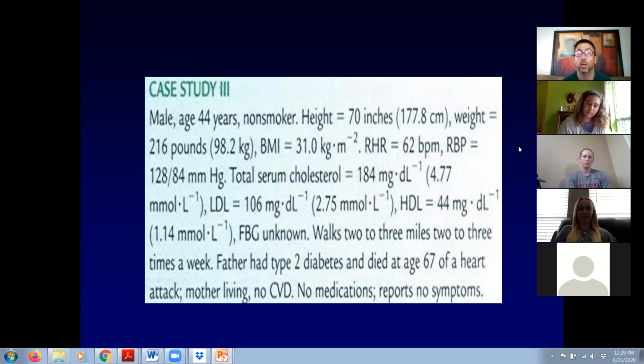So we've done family history, which is a no. We've got smoking, which is a no. Sedentary is a maybe. Obesity, we're obese by BMI, that's 1 for sure. Okay on blood pressure, okay on those. All we're left with then is fasting blood glucose. We do not know his fasting blood glucose.